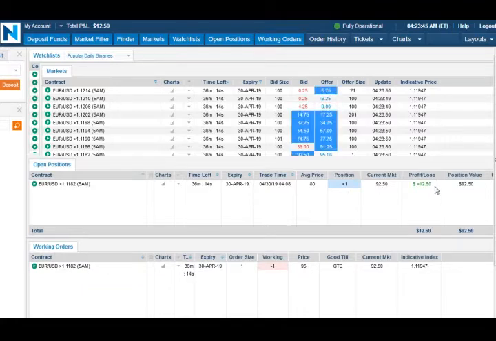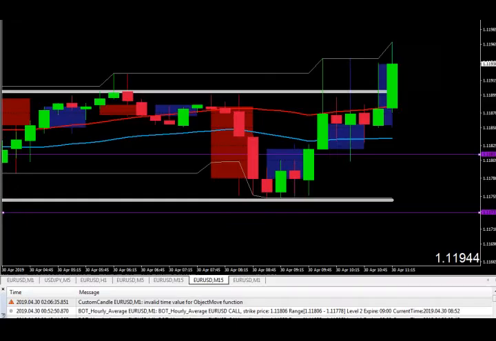Maybe my working order will get hit this time, and if it does, it'll take me out of the bet for most of the potential profit. Now, this is an hour-long bet, but the market really has to move pretty dramatically in your favor for you to get taken out of that working order.